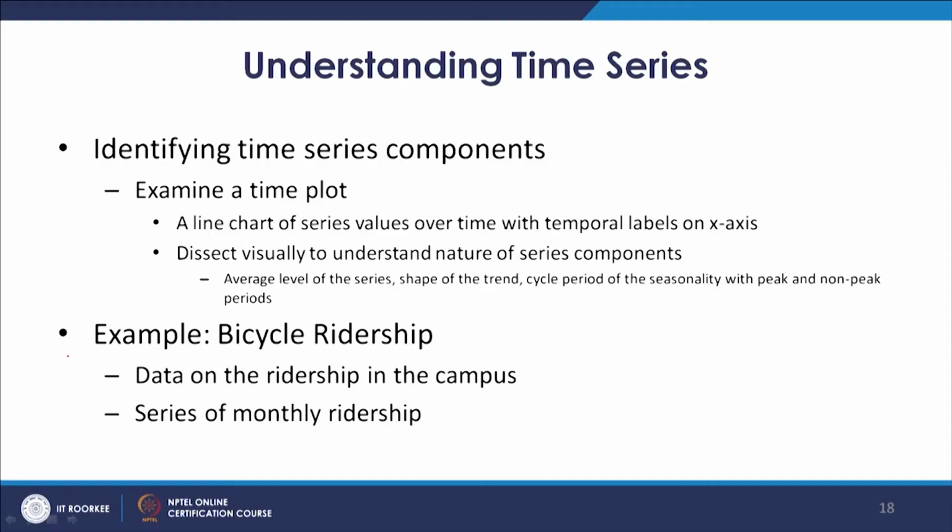That ridership data has been recorded on a monthly basis. As you can see here, it is a series of monthly ridership. For each month the number of riders is recorded, and based on that the series has been created. We are going to analyze this series to find out the time series components.